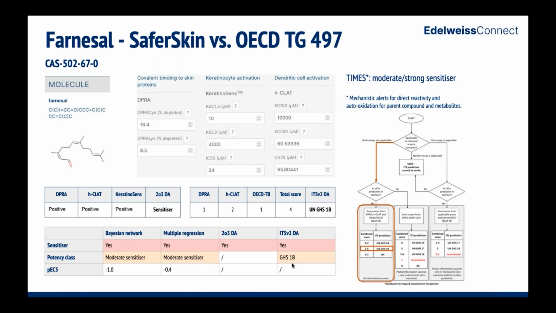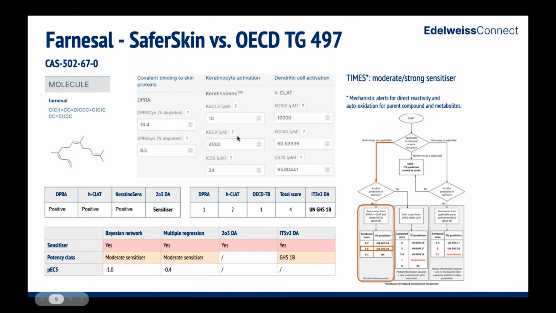Within the guideline, there is only the classification as sensitizer or non-sensitizer, and with ITS version 1 or 2, it can be classified UN GHS 1B or 1A. However, there is no description of the PEC3 value or any other quantification method.